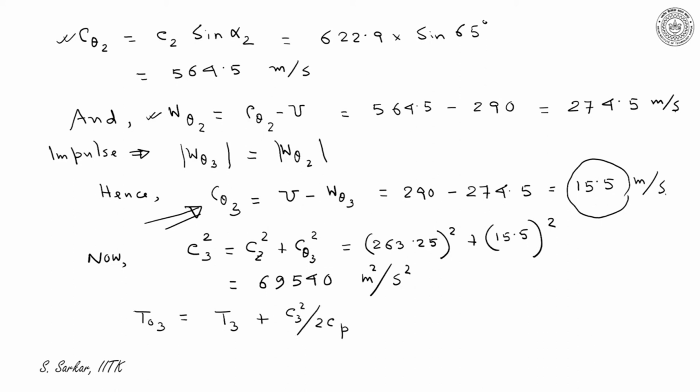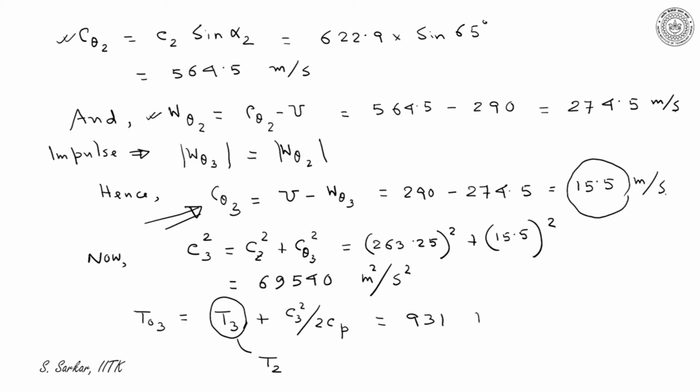Now T3 is equal to T2, being an impulse turbine. So T2 I know, the value of T2 is 931, I have evaluated earlier.